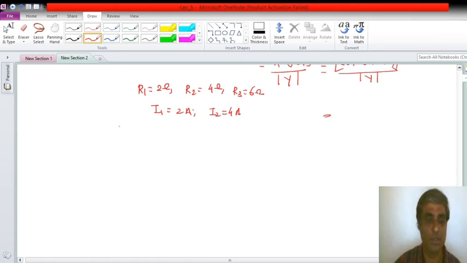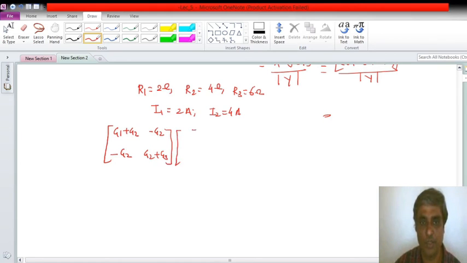Your admittance matrix was G1 plus G2, minus G2, minus G2, and G2 plus G3, into V, which was V1, V2, and has to be equal to I1 is minus 2, I2 is 4. So let me find out this matrix.